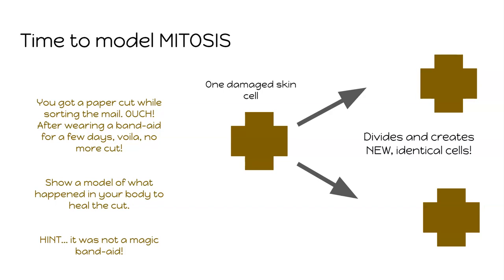It was not a magic Band-Aid. It was your one damaged skin cell, and it divided and it created new identical cells. Those cells are then able to repair where you had that paper cut. That is what mitosis is. So as animal cells, this is what's happening inside their bodies.